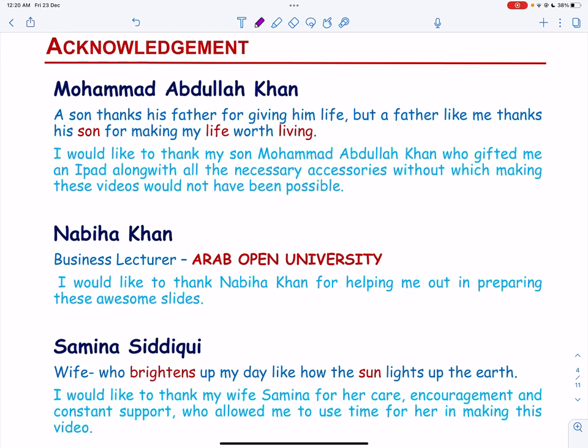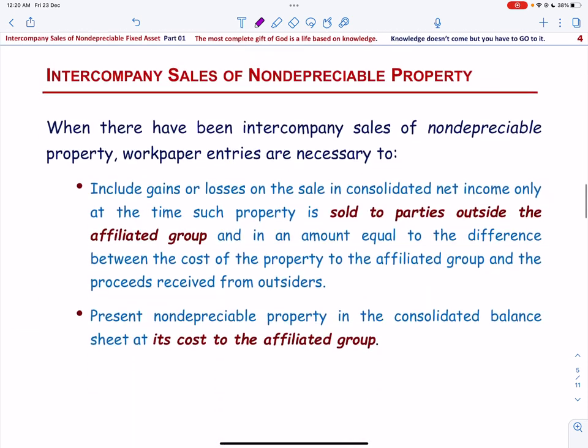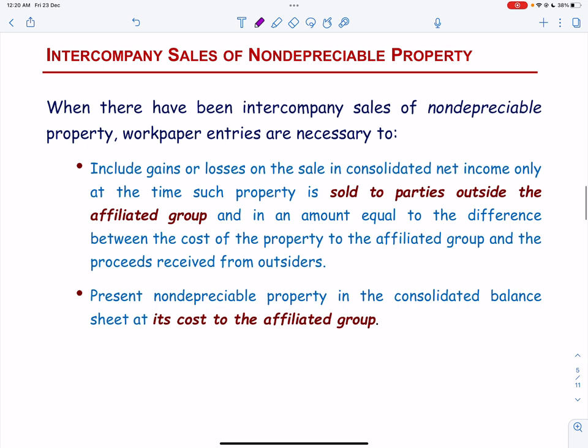Let us start with the accounting treatment for the eliminations of intercompany transactions related to non-depreciable fixed assets, that is land. It is important to note that any gain or loss resulting from an intercompany sale transaction is not realized from the perspective of the consolidated financial statements until the transaction is executed with an outsider.